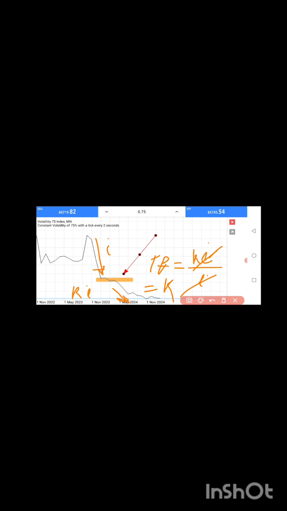K can be equal to 1 or less than 1. K can be positive or negative. When K is negative, it is a reversal signal, and when K is positive, it's a continuity signal.